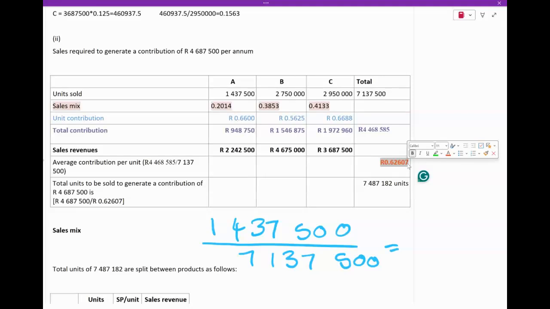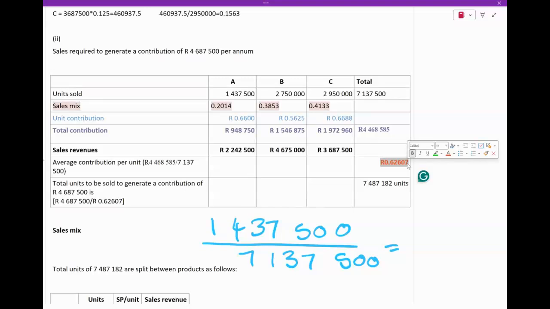All right. So then when we have that, to get the number of units that we must produce across all our products, we have to say the contribution we wish to realize. We know that if we are looking for the actual break even, we would have said fixed cost divided by your average contribution per unit.